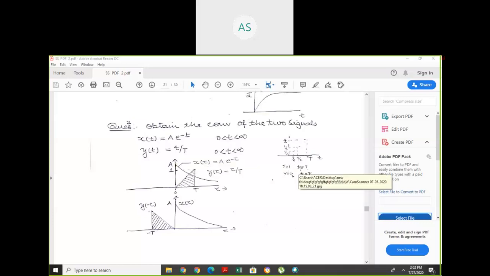When small t is equal to capital T, y is 1. When small t is equal to T by 2, y is half. Similarly, when small t is equal to capital T by 4, then y is 1 by 2. So we get a graph like this.